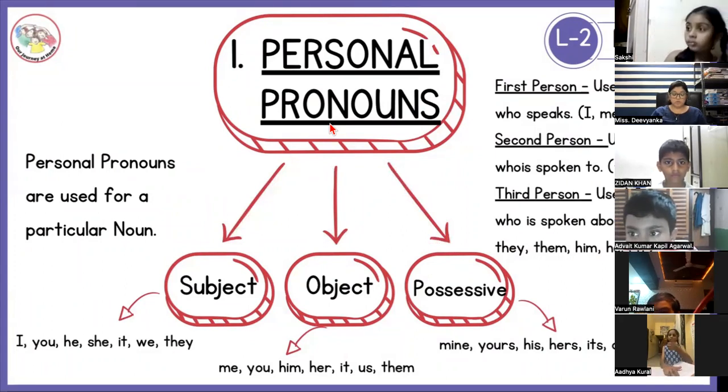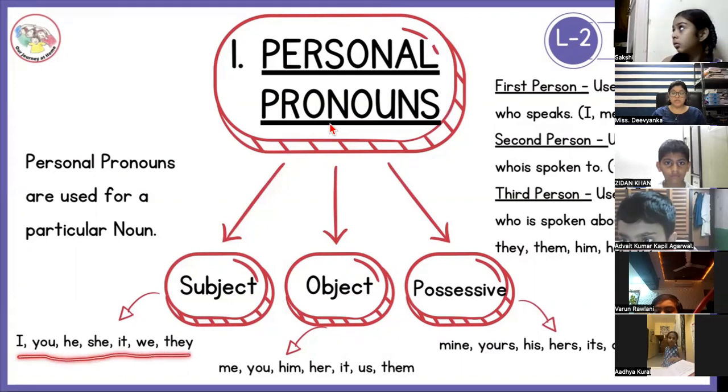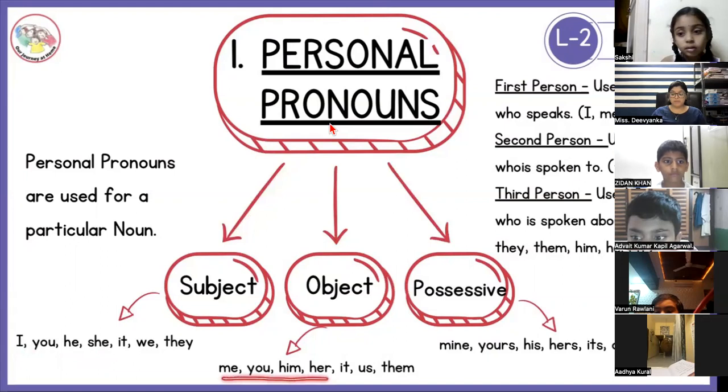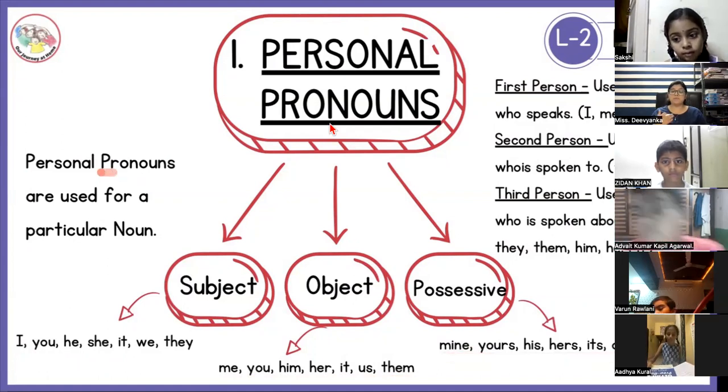In which pronouns were like I, you, he, she, it, we, they, me, you, him, her, it, us, them. Then we had my, mine, yours, his, hers, its, ours, theirs, etc.